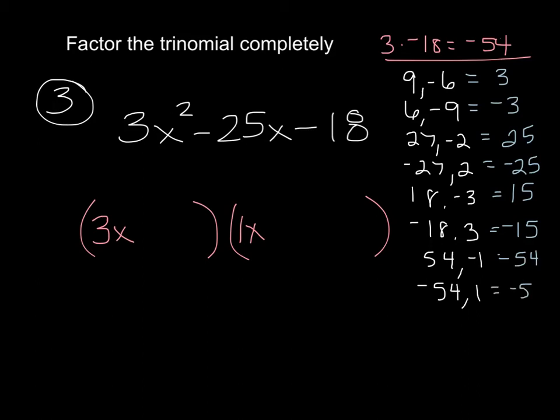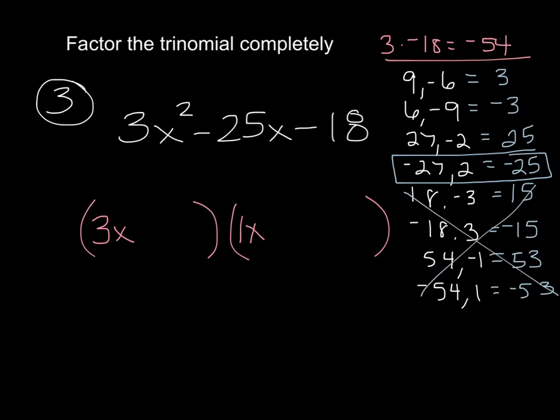And negative 53. This one should have been a 53. Okay, and then again, we're still going to look for the one that adds to negative 25. So that would be this one right here. The rest of them, we don't even need to worry about.